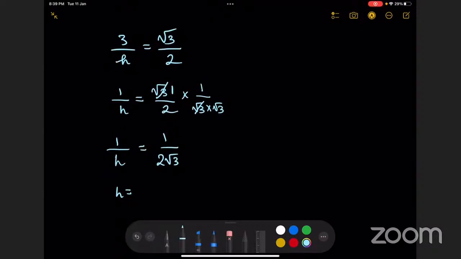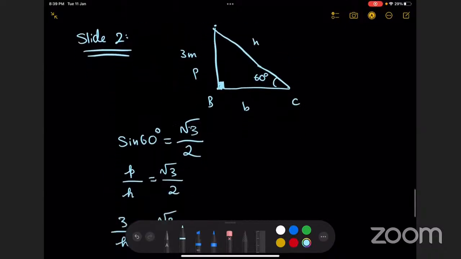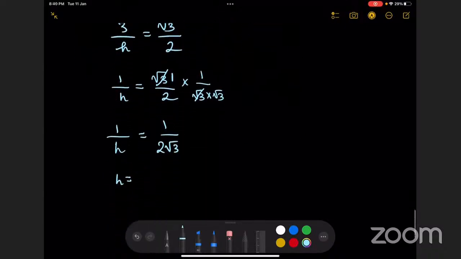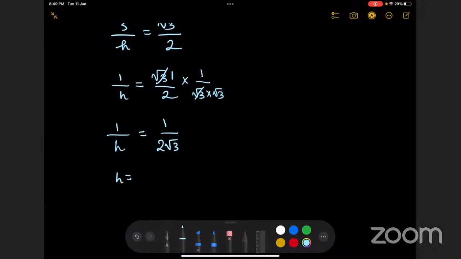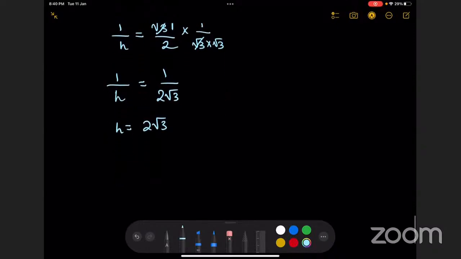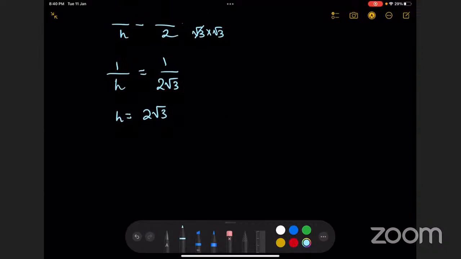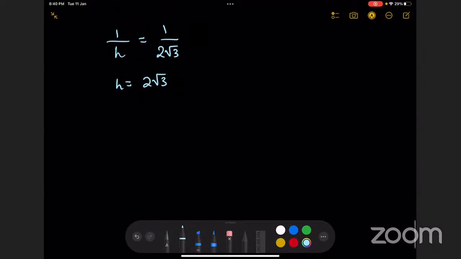The value of root 3 is approximately 1.73, so 2 into 1.73 will be some number more than 2. We can leave the answer like 2 root 3. You have to put the units if there is any, so meters.